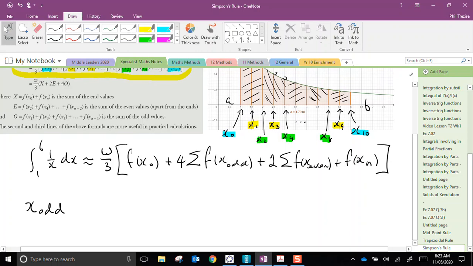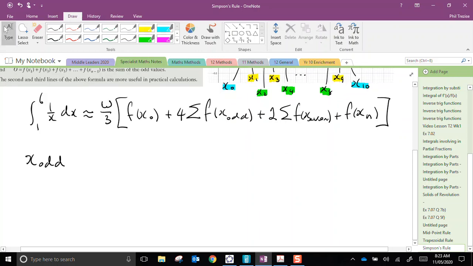The odd ones start at 1.5, then they jump to 2.5, then 3.5, then 4.5, then 5.5. Now that sequence of numbers seems like an arithmetic progression that starts at 1.5, and we have an increment, a common difference, of 1, which we would need to multiply by some counting variable i.